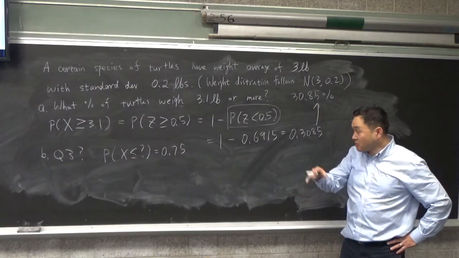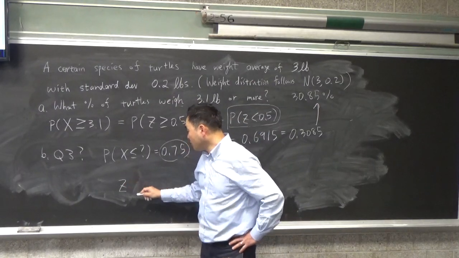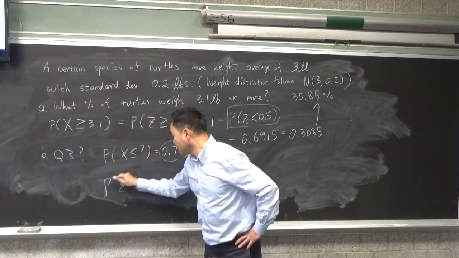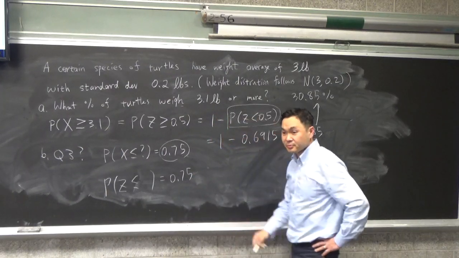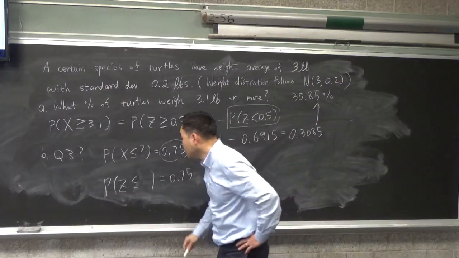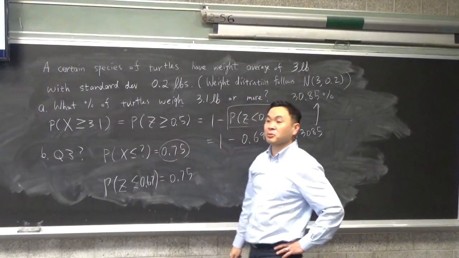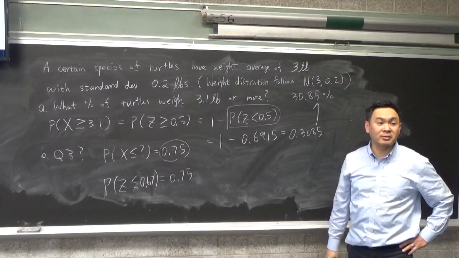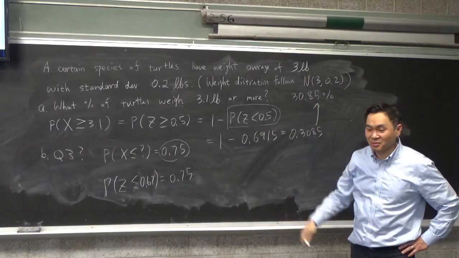Now look, search the table for the value of the z-score that will give you 75%. What is it? 0.67. Thank you, 0.67 gives you 75%. Do you agree with this?